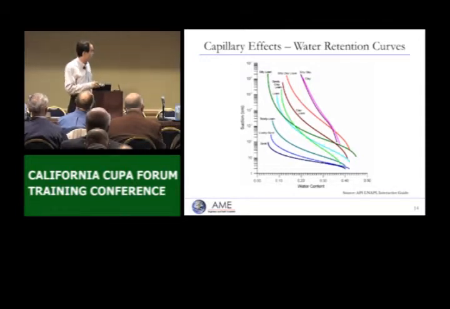So this has a lot to do with soil texture, basically the pore size distribution. The smaller the pore size, the higher the suction. Basically, the molecules work on each other, the wetting phase, whatever. The physical attraction between the molecules of the soil and the water is making this work. The smaller the pore size, the larger the suction.